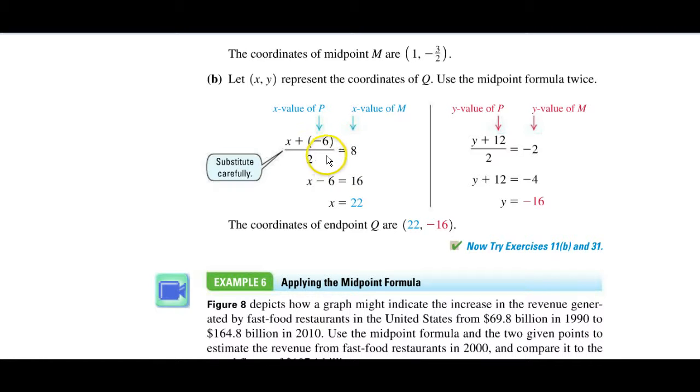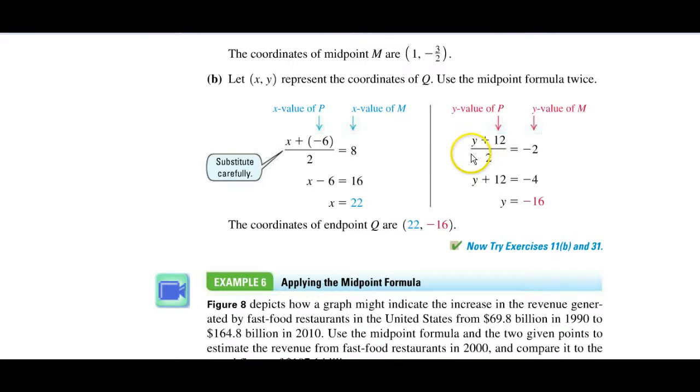So again, we would clear fractions, multiply both sides by 2. The 2's cancel out on this side, and we get 16. And then we add 6 to both sides, and we get x equals 22. So the missing endpoint of our x value is 22.